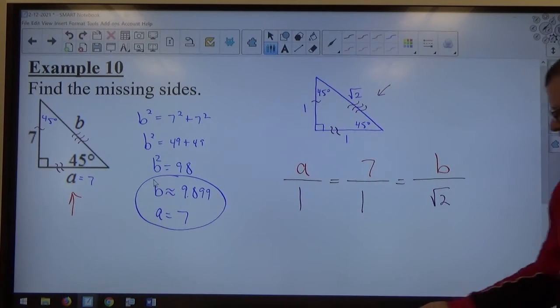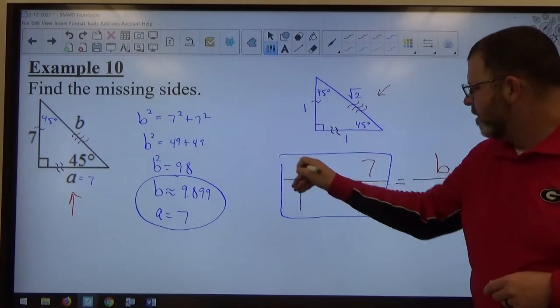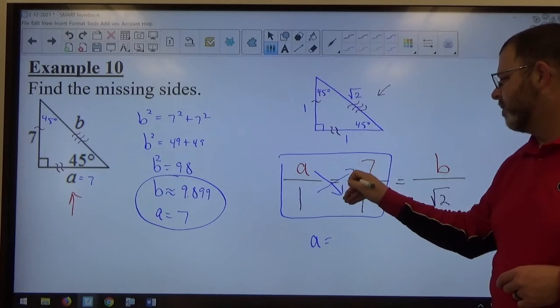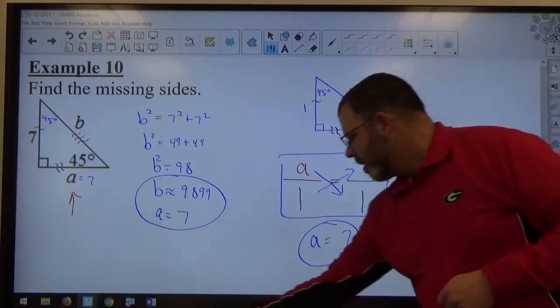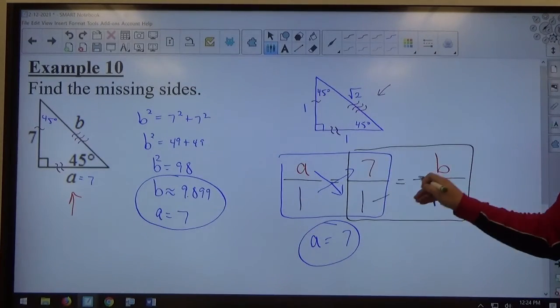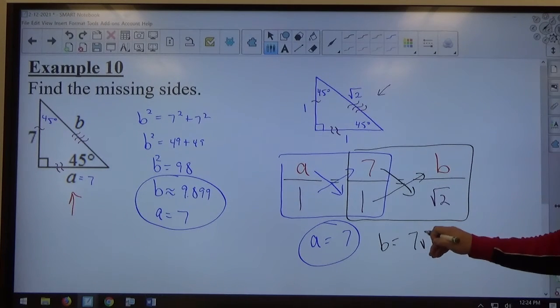And then you simply do one proportion at a time. I take this proportion here, and I cross multiply: A times 1 equals 1 times 7. I would do this proportion here: B times 1 equals 7 times the square root of 2.